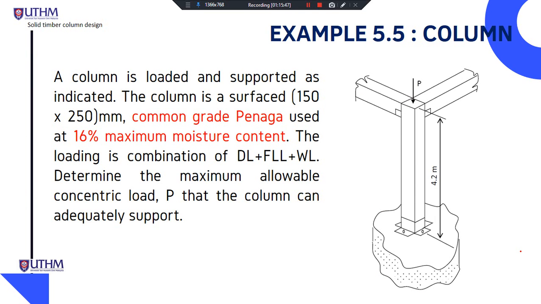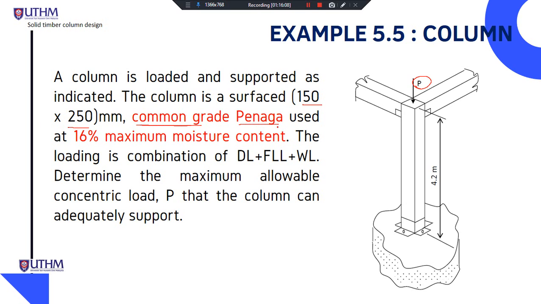So next is example 5.5. A column is loaded and supported as indicated. This is the loading P. The column section is 150 multiplied with 250 mm, the nominal size, common grade.